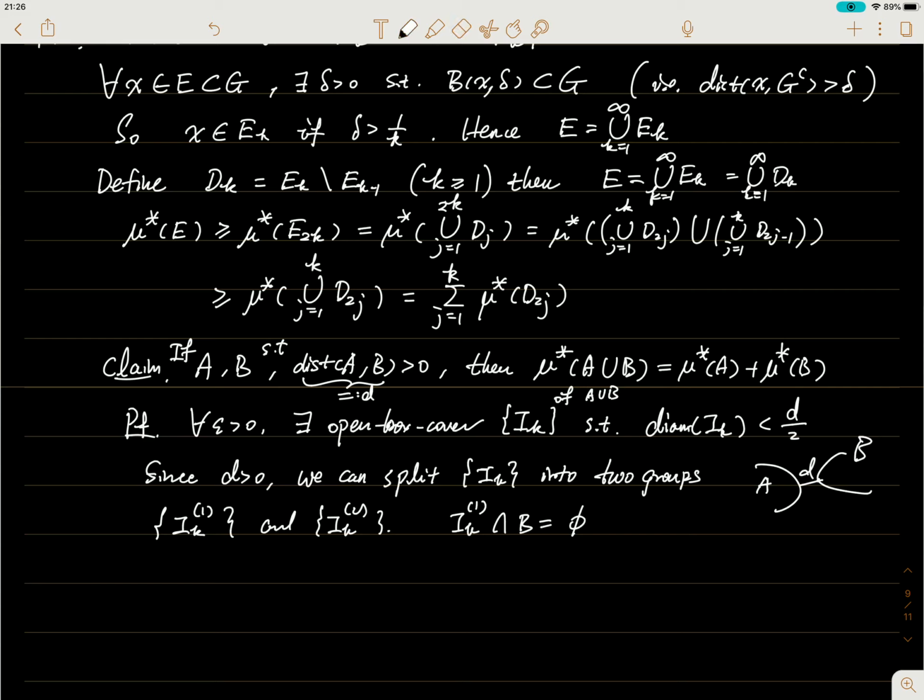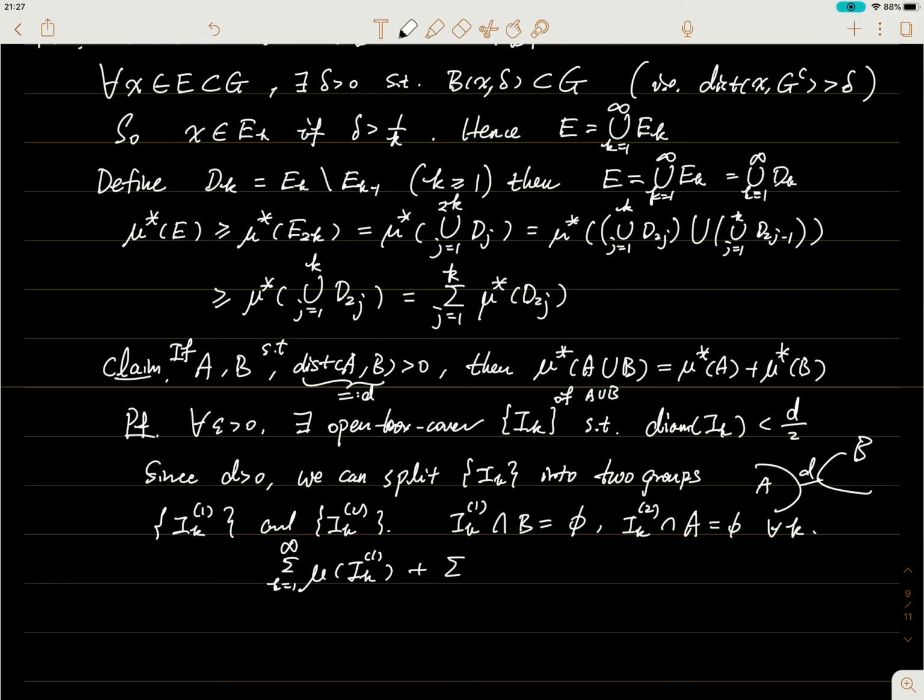Okay, and also the second group will not overlap with A. Okay, so I can separate them into these two groups, and then we can see when I take the measure or the volume of this first group, I know that they must be able to cover the A. Right?